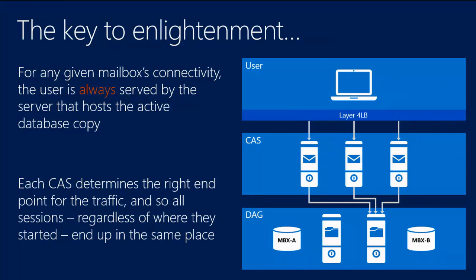So the CAS is making a determination as to where to proxy the traffic, and in this case, it's actually still proxy from CAS back to the mailbox server. And so wherever the mailbox moves, the CAS connections follow, but the client connections are never broken. And this is one of the reasons why you no longer get the administrator has made a change that requires you to restart Outlook, because the endpoint has never changed. Okay?